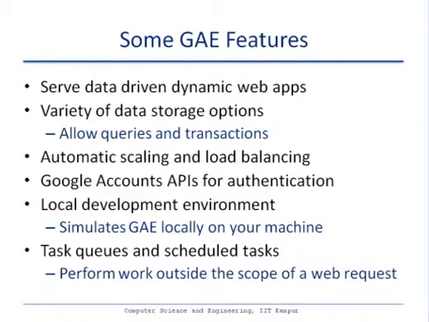So for those kinds of scenarios, it offers you task queues which you can use to implement that kind of functionality. Similarly, you have scheduled tasks for triggering events at specified times or even regular intervals if your application so demands. So all these features are useful if you are building some business applications, and the APIs are fairly simple. So we'll look at some of these details in subsequent files as well.